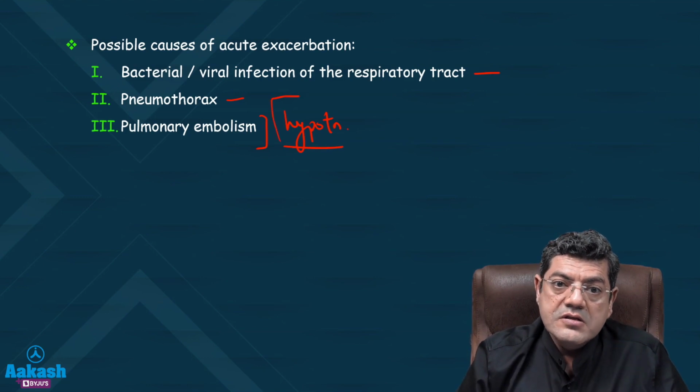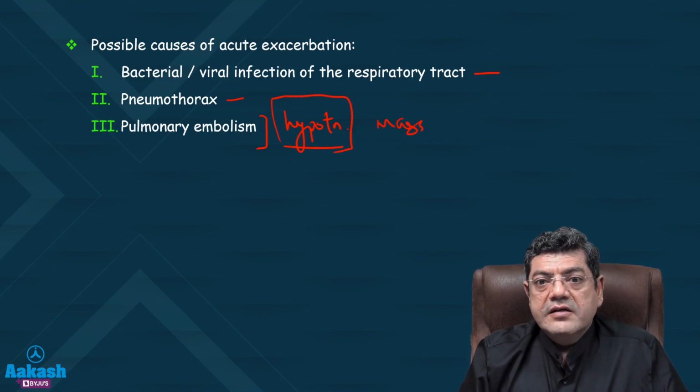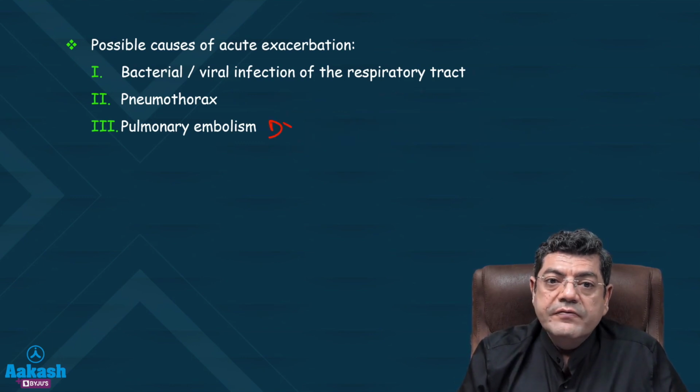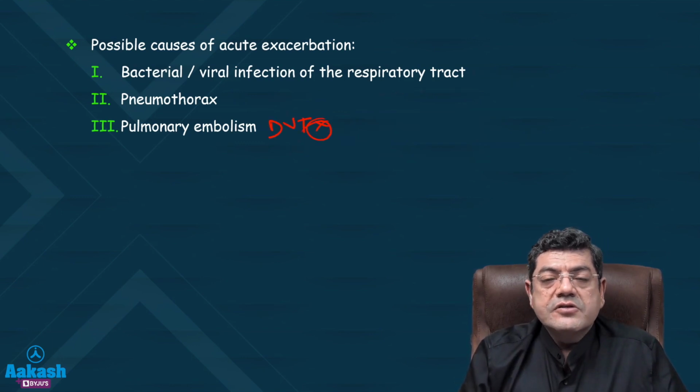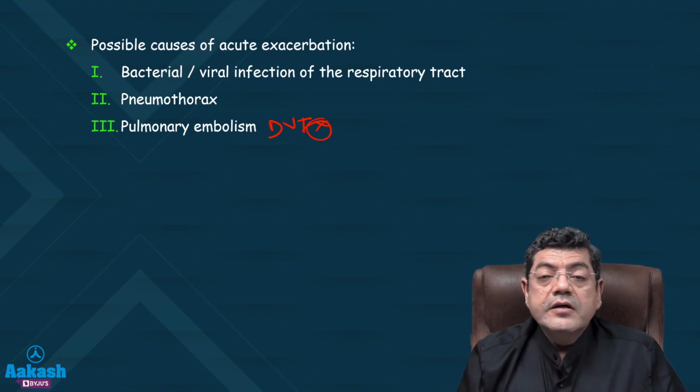There's a third cause of hypotension with an acute exacerbation, and that is a massive pulmonary embolism, right? You might not even get to see any deep vein thrombosis in these patients. Then where did the embolus come from? Because they have cor pulmonale, right ventricular dilatation.